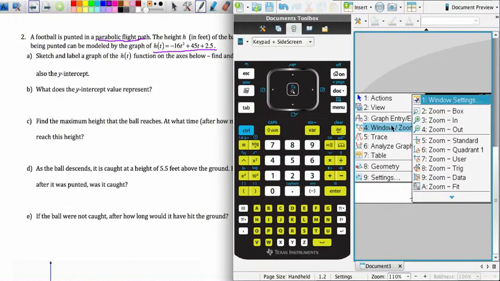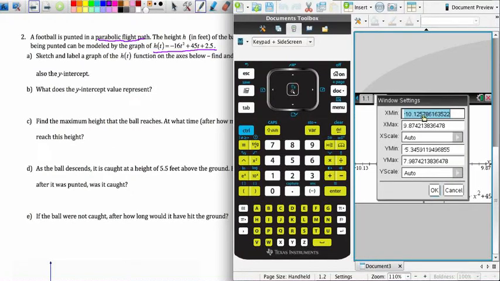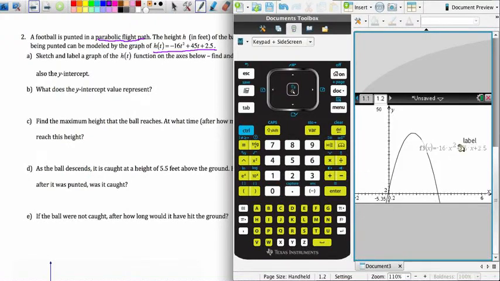And so once again, I'm going to use the window settings. I'm going to go from -2 to about 6 based on what I've seen on the graph so far. I'll leave my y minimum as -5, but I'm going to increase the maximum to at least 50, and let's see how we go. Okay, and so that's a little more accurate picture of what we want.